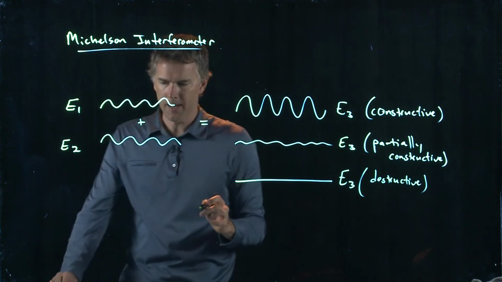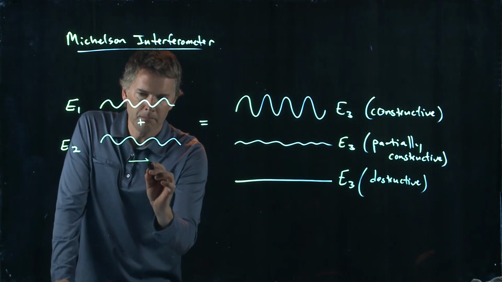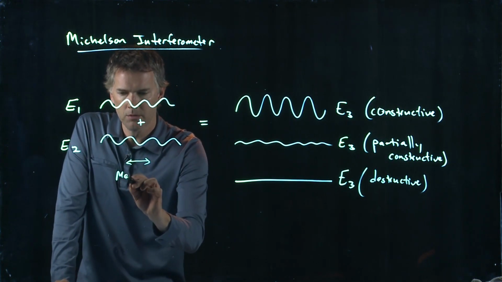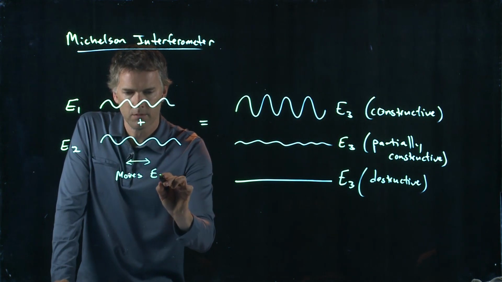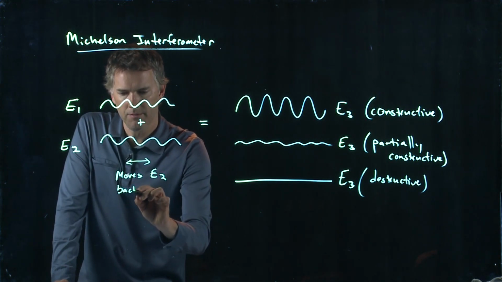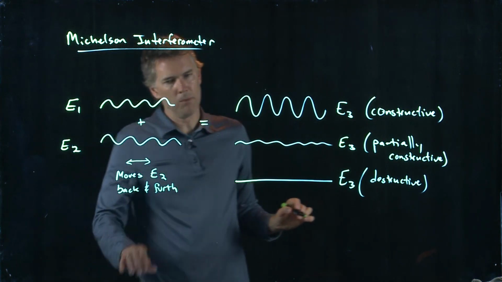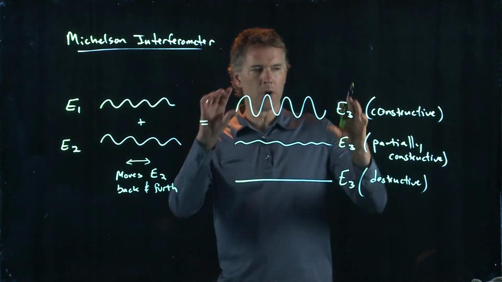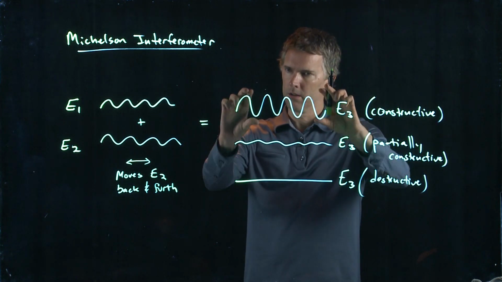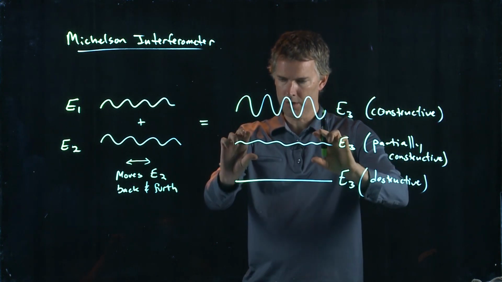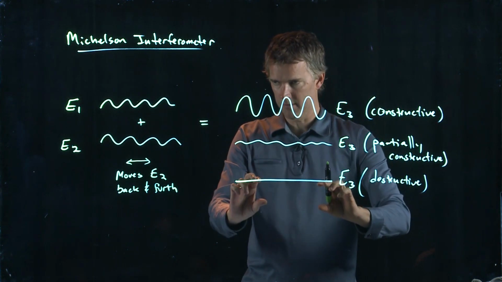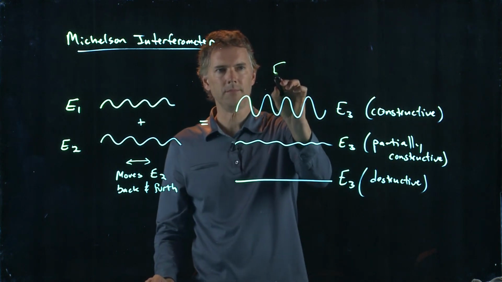What an interferometer does is it moves E2 back and forth ever so slightly. And when it moves E2 back and forth, you go from the condition of constructive to partially constructive to destructive. Okay?